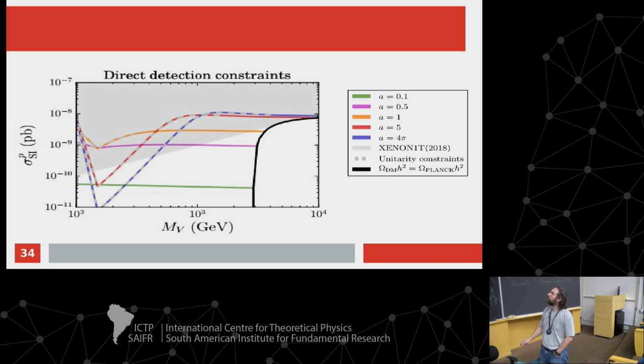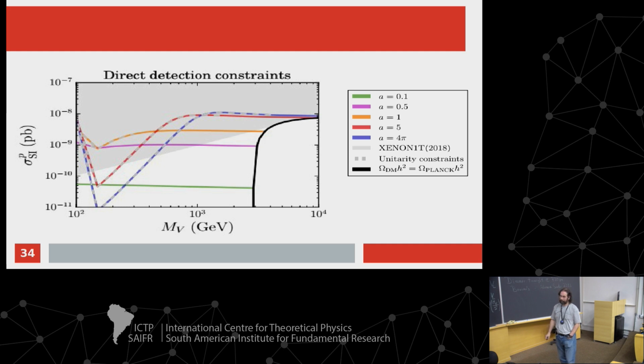So why do you have this sort of resonance for the spin independent scattering, like at 200 GeV, 300 GeV-ish? Yeah, 150 or something.